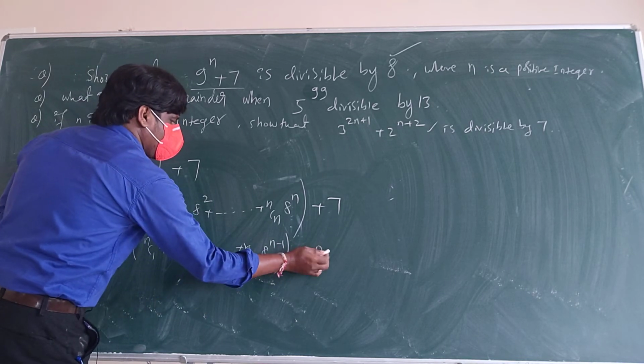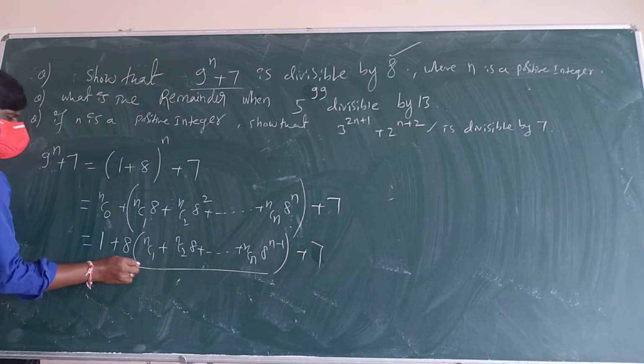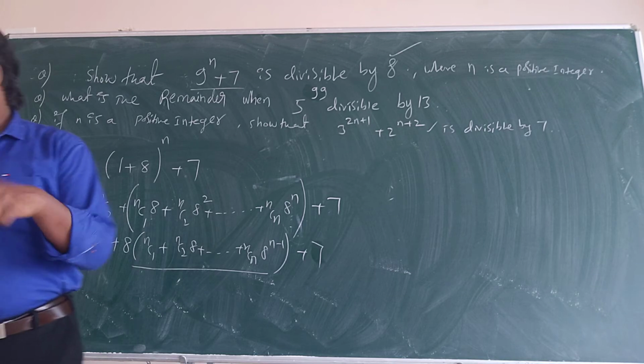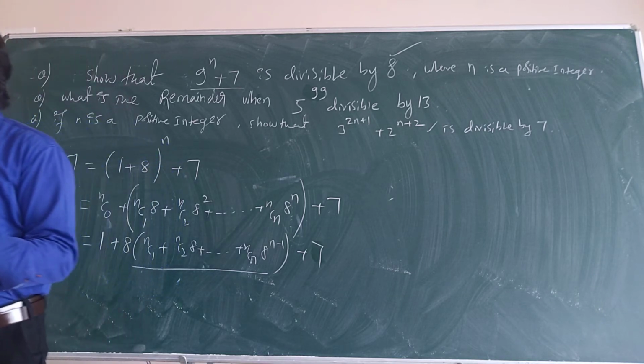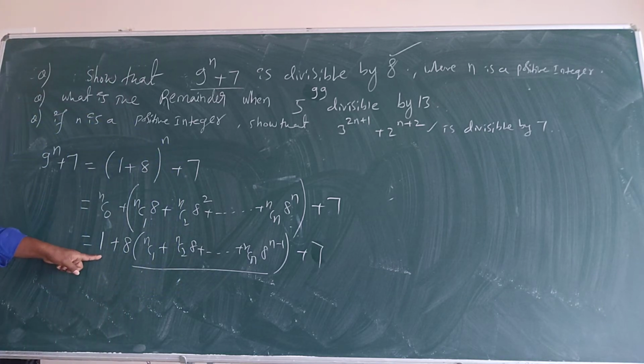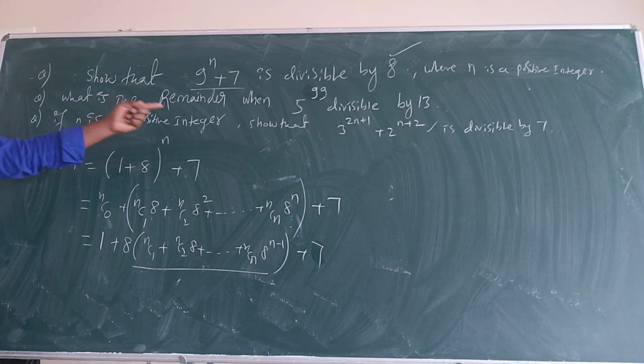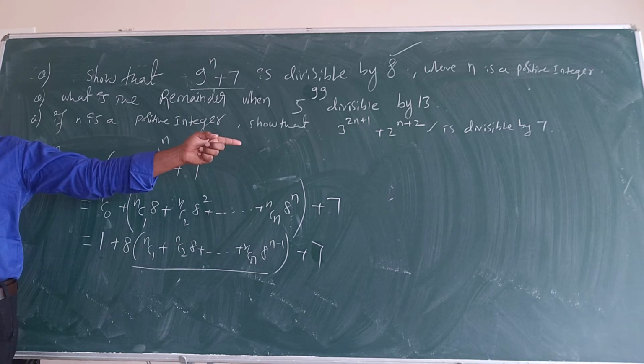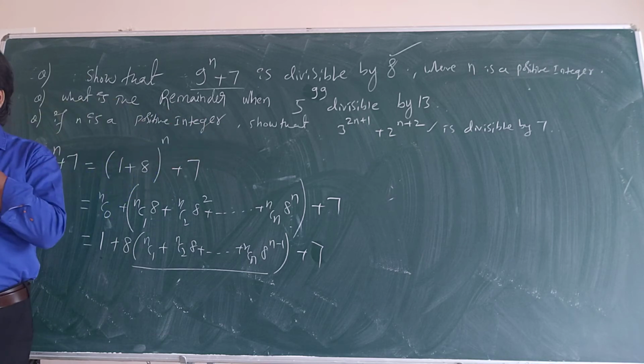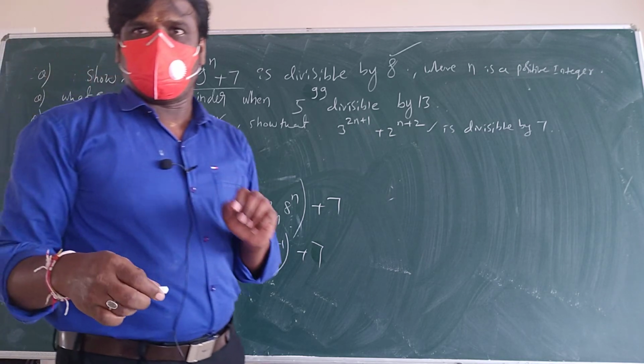So it is already a multiple of 8, means it is divisible by 8. What is the remainder you are getting here? 1 is the remainder here, and outside what you have? 7. So 1 plus 7 is 8. This is the method-wise way.